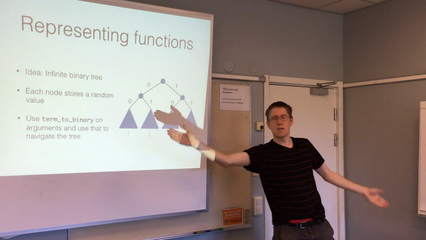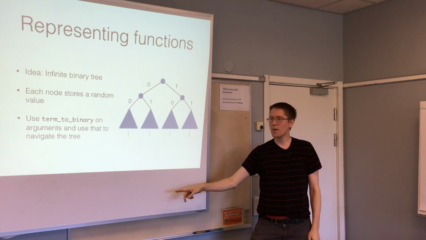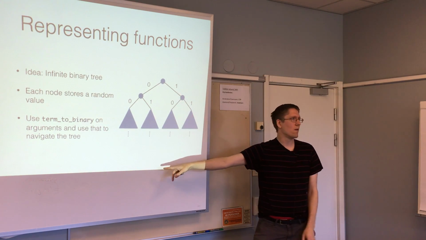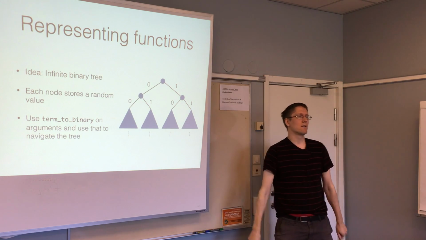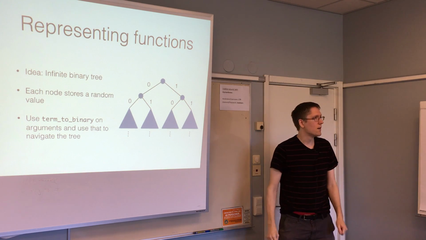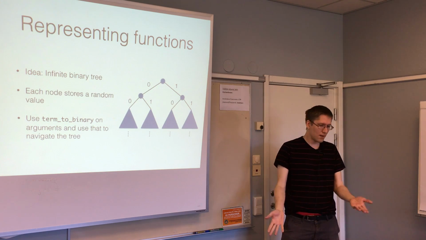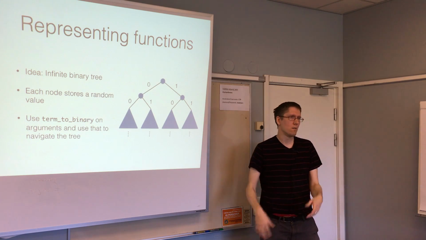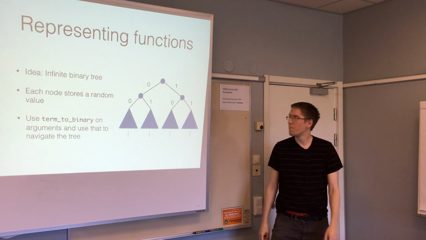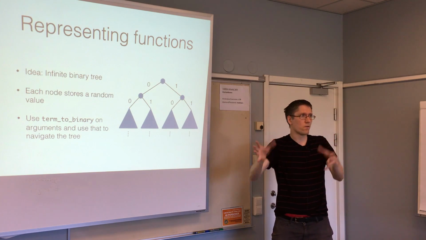So you've got a string of bits, and then you just use that to navigate this tree until you run out of bits, and then you look at that node and you pick the random value that's stored at that position, and that's your result. And that guarantees that if you call the function multiple times, you'll get the same value every time, because the tree doesn't change. It's a fixed tree.